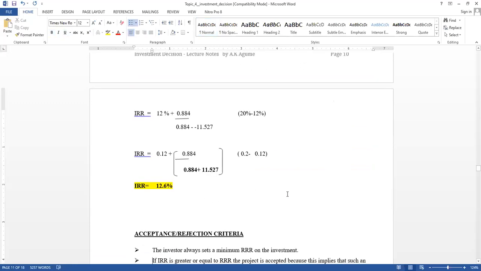Assuming the RRR, the required rate of return by investors, was 10%, then in this case, we would accept.